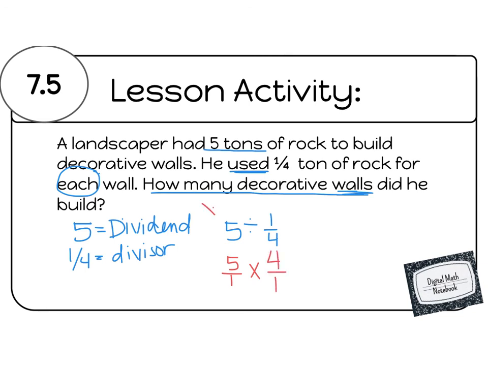I started with a whole number, so my answer should be a whole number. 5 times 4 is 20, and 1 times 1 is 1. Remember to simplify. This is a pretty easy lesson, guys. We just got to stop and think, what is my dividend? What is my divisor? What am I being asked to do?